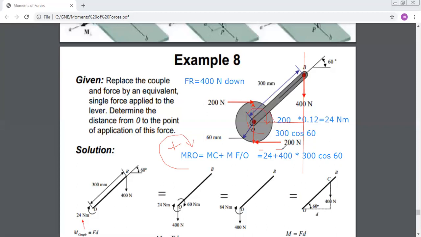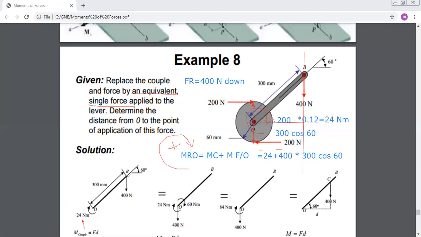Okay, now once I reduce my system to one force, one couple at point O, I did not finish because they said reduce the system to only one force. Replace the couple and force by one single force without moment. Okay? Since I want one force without a moment, what should I do?